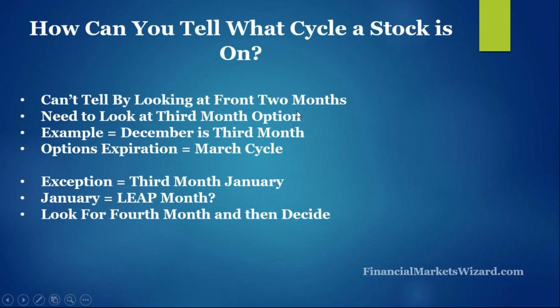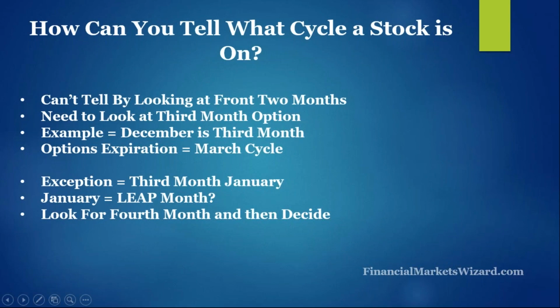You cannot tell by looking at the front 2 months, because each option has the front 2 months. So if today is September, October is there. You need to look at the third month option. The third month will give you the clue.